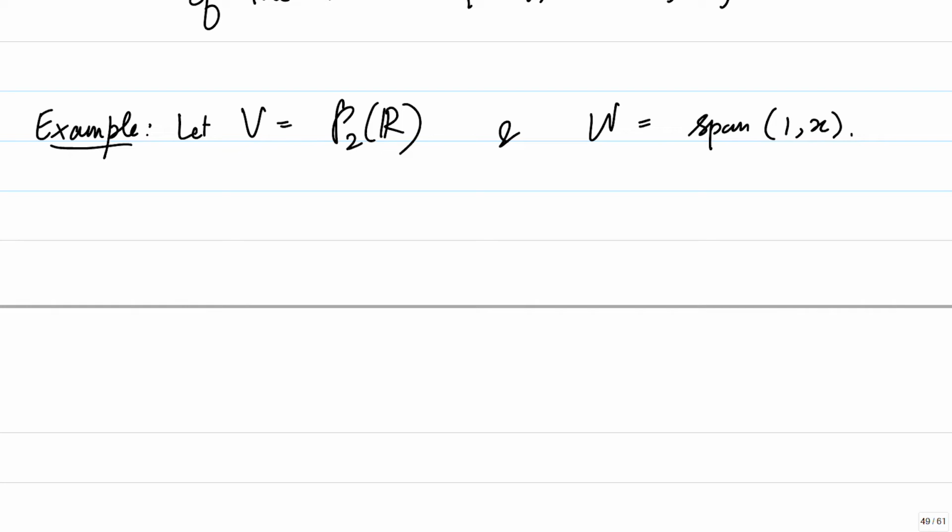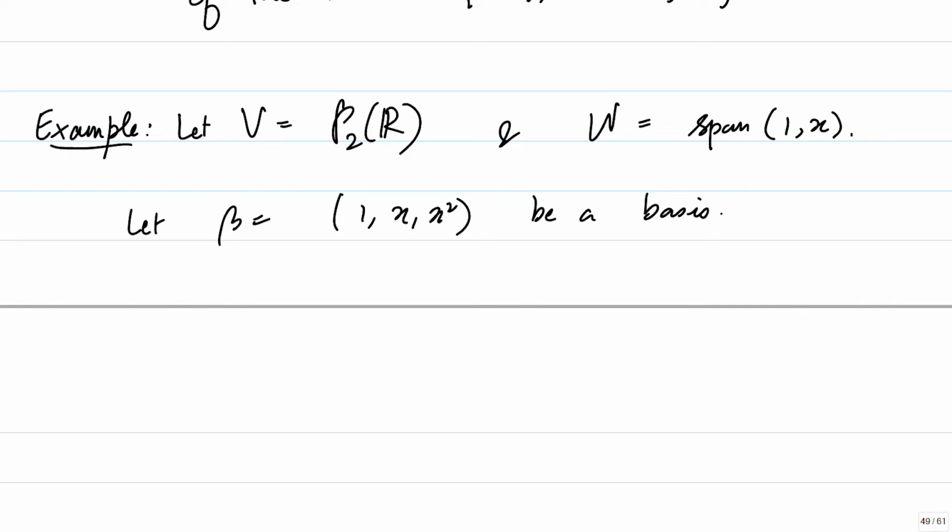So let's complete this into a basis. Let beta be equal to {1, x, x squared} be a basis. So we will orthonormalize it, and the first two vectors that we get will turn out to be a basis of W, and the third vector will be a basis of the orthogonal complement of W.